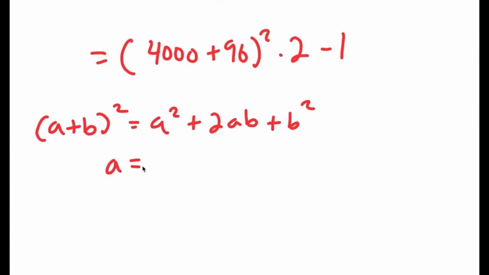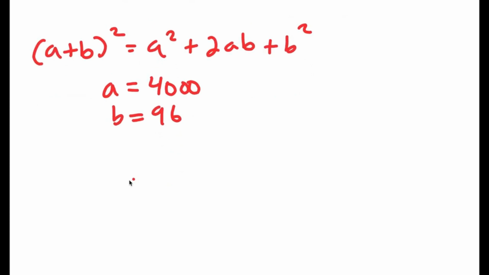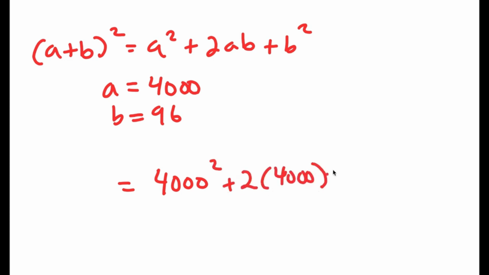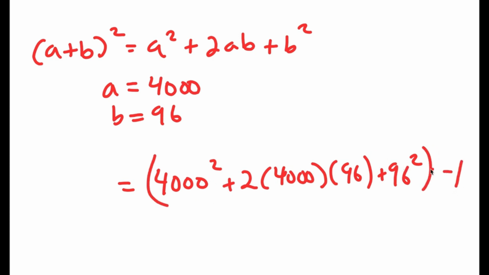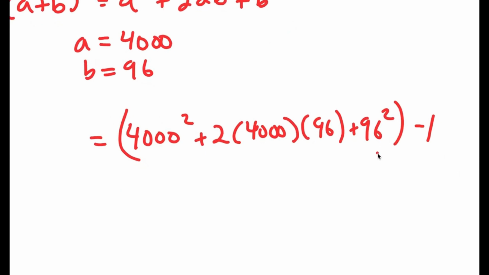So in this case, a is 4000 and b is 96. So this turns into 4000 squared plus 2 times 4000 times 96 plus 96 squared. Oh, sorry, all of this times 2 minus 1.